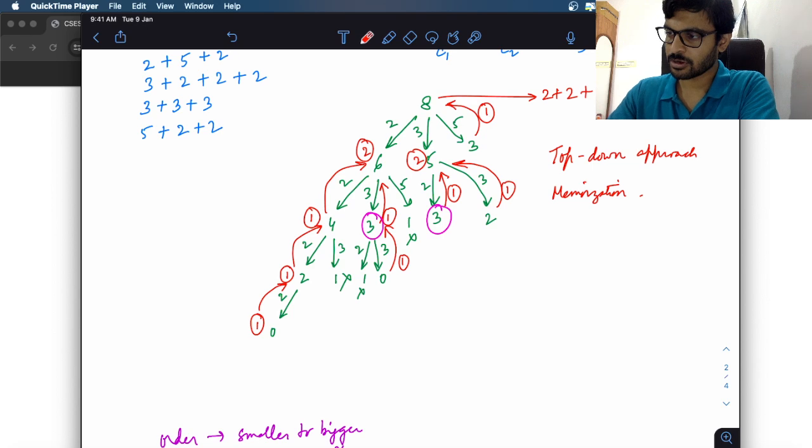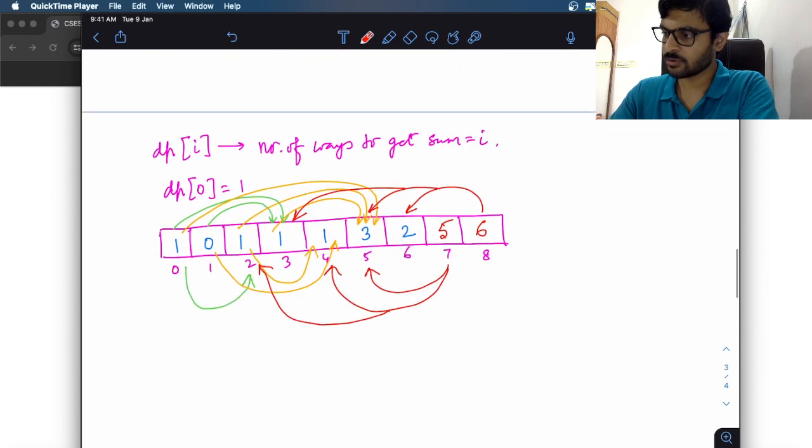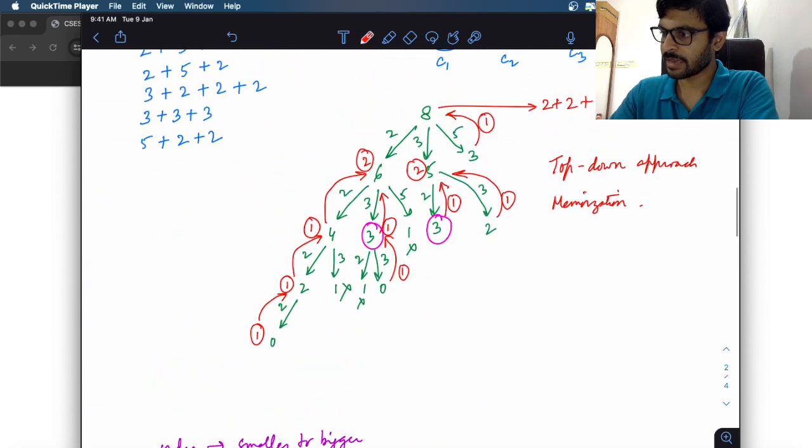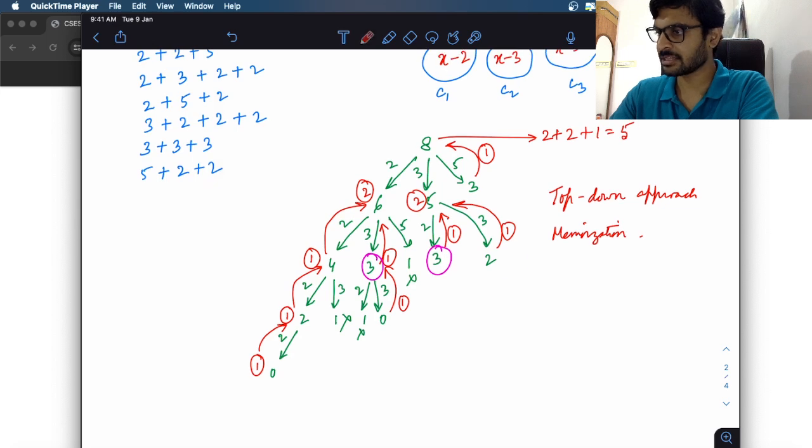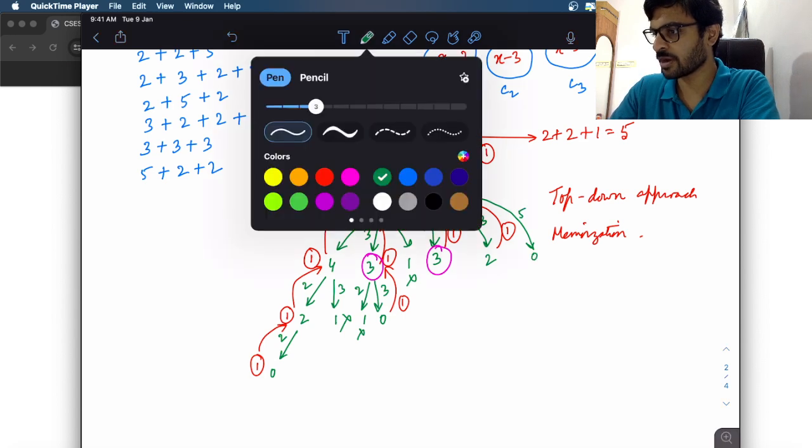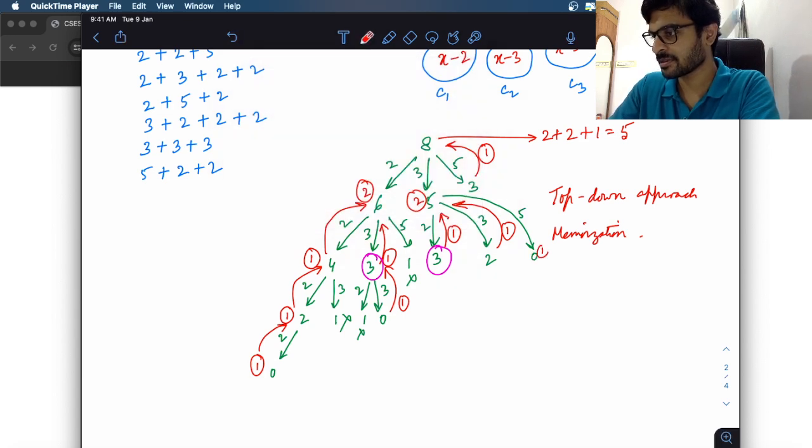For 6, we have found 2 ways. For 5, okay, I missed that thing. For 5, you can take 5 itself, you have 0, so you will return 1 from here. So you have 3 over here.